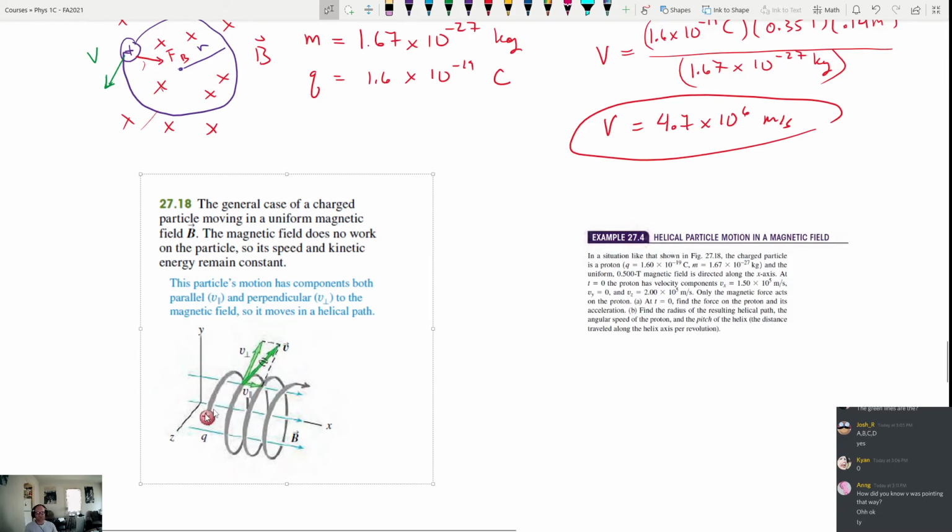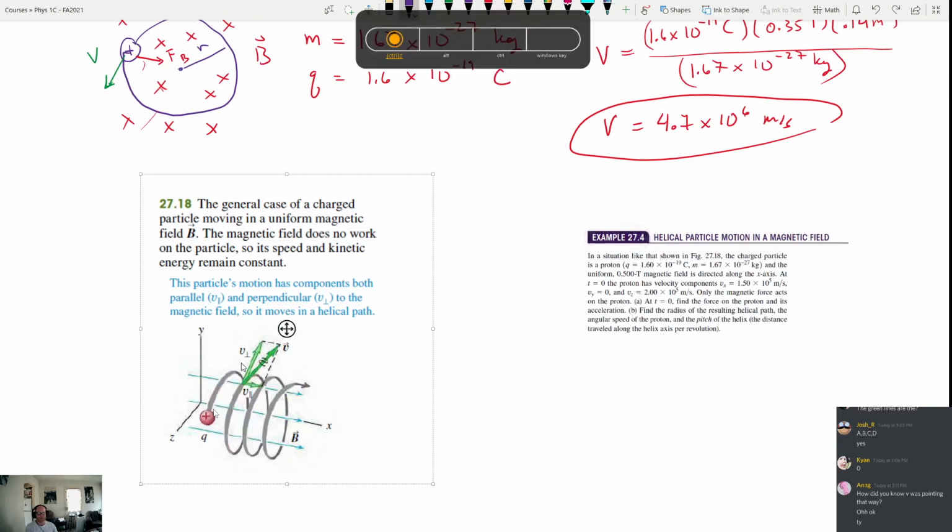So if its velocity was straight up and down, for example, it would have just gone in a circle like this and stayed in one location, okay? But if you take that motion of something moving in a circle and you add to it an additional component of velocity that points along the x-axis, it's going to start to move over a helical path like this right here, okay?